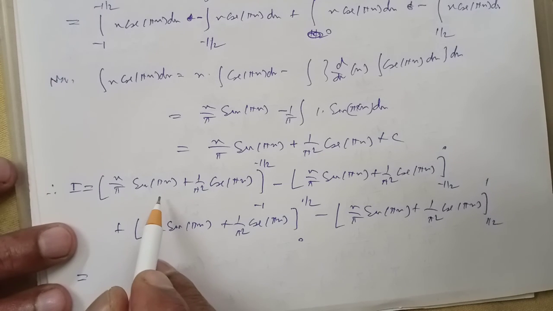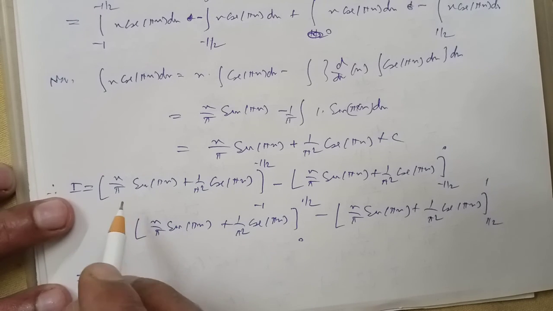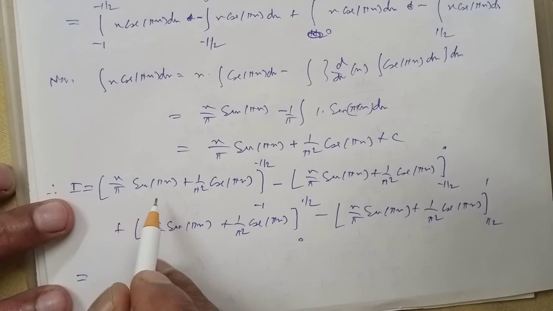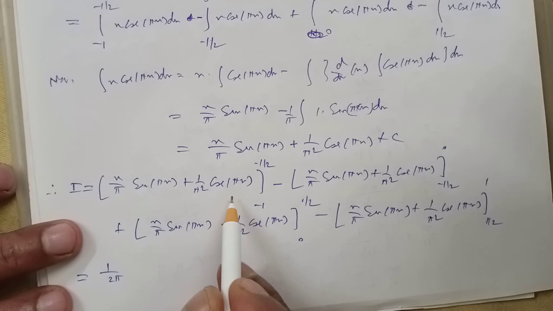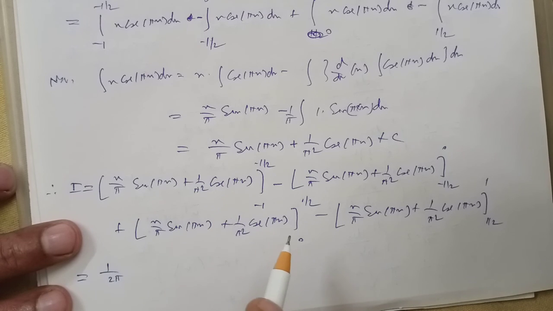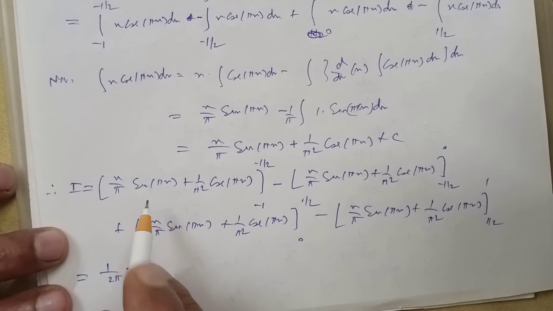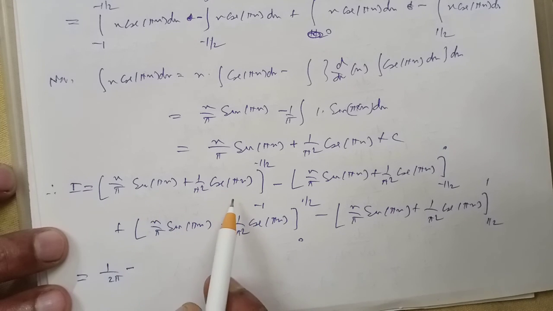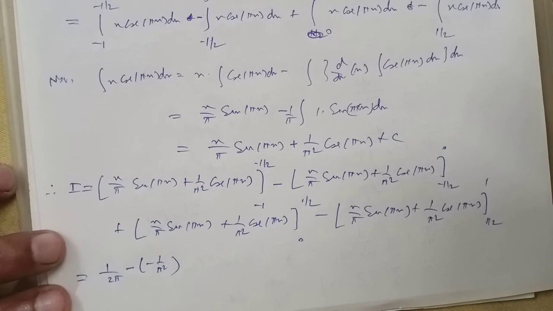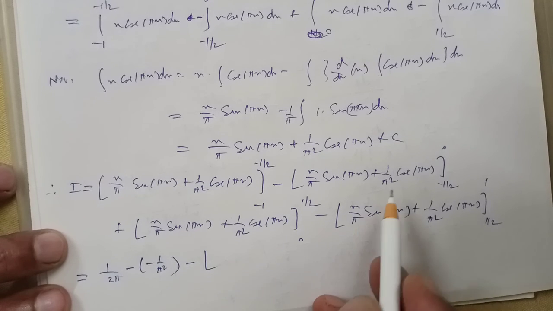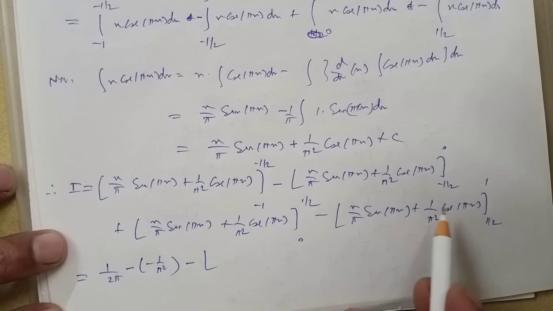If we put -half here, this is minus 1 by 2 pi, this is -1, so plus 1 by 2 pi. Cos of pi by 2 is 0. Okay, then minus, you have to put -1 here. Sine of minus pi is 0, cos of minus pi is cos of pi, that is -1, that is -1 by pi square. Then minus, you have to put 0 first.